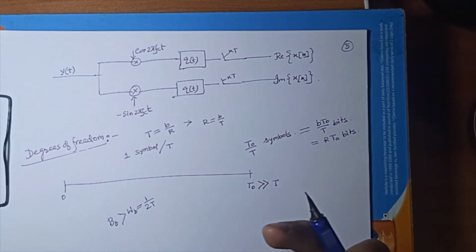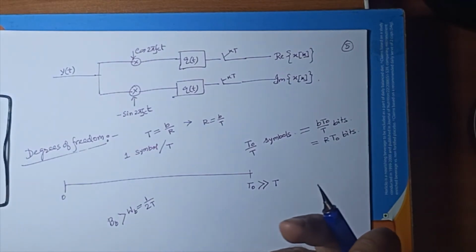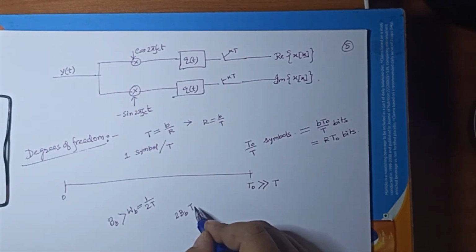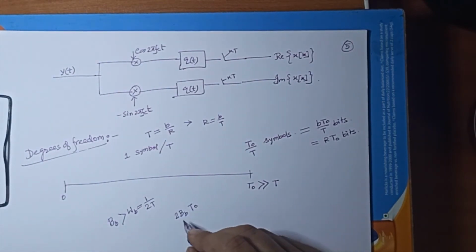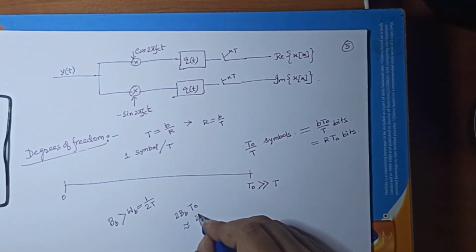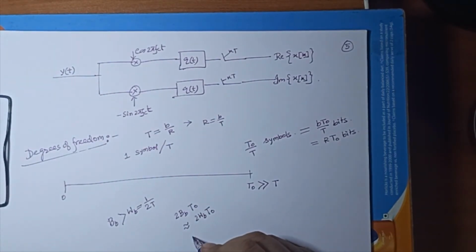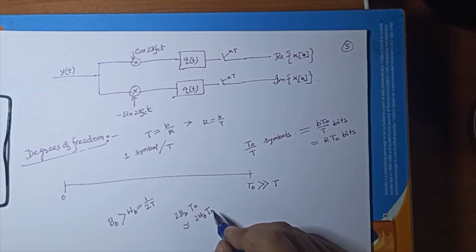If that is the bandwidth and our total time is T0, what is the dimension of that signal? We know dimension is equal to degrees of freedom, right? So the dimensionality theorem says that the dimension of such waveform is 2 BB T0, and if BB is close to WB, then that is approximately equal to 2 WB T0, isn't it? So that is the total degrees of freedom.